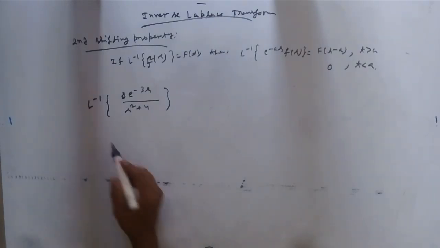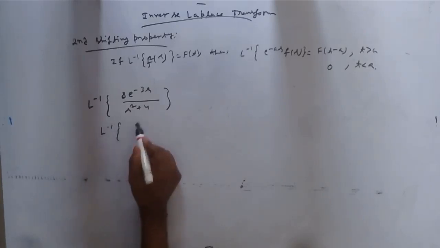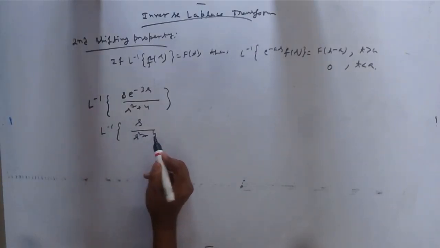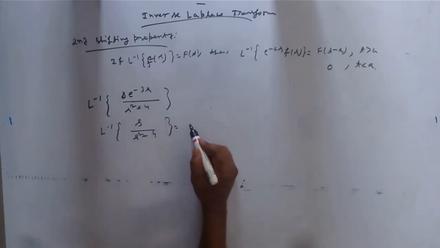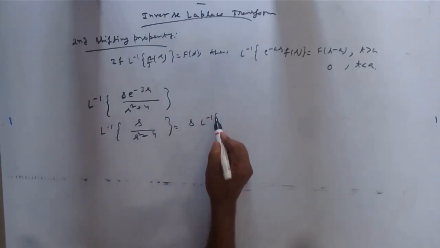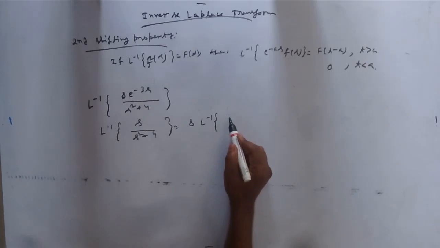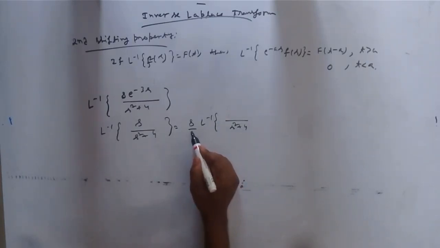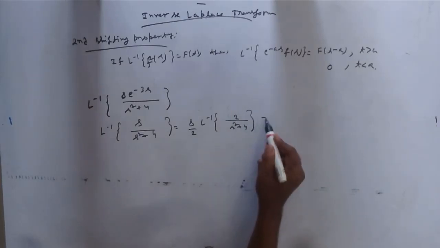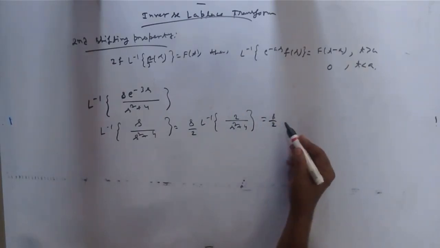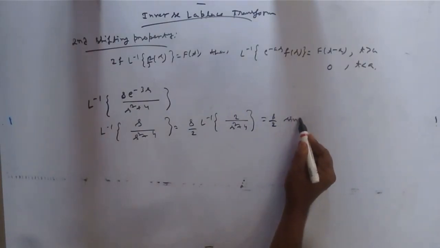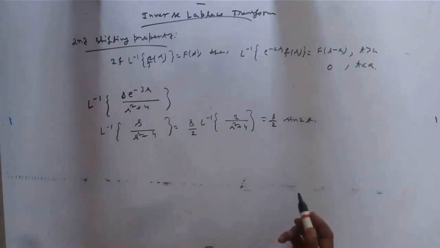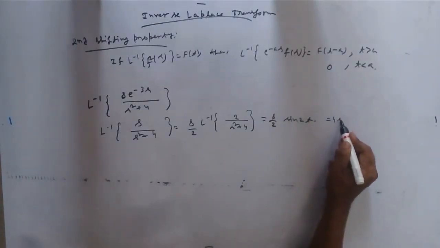We know that L inverse of 8 by s square plus 4 is equal to 8 into L inverse of 1 by s square plus 4, and we are multiplying and dividing by 2, so that it will be sine of 2t. Okay, that is 4 sine 2t.